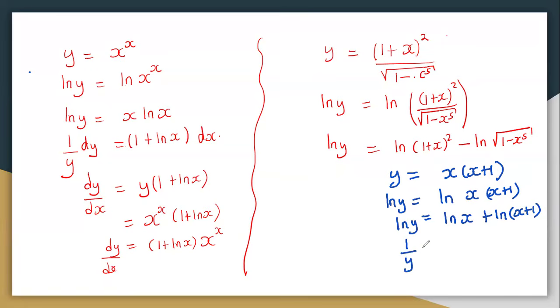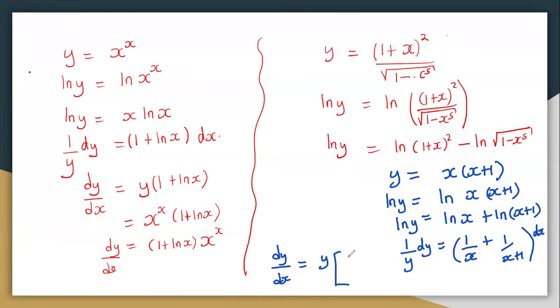You say this is 1 out of y dy is equal to this is 1 out of x plus the x plus 1 is 1 out of x plus 1. But I've differentiated with respect to x. Then someone will go on and say now, my dy dx is going to be y into what is 1 out of x. So this one you can see, I'm simplifying it out of x into x plus 1.